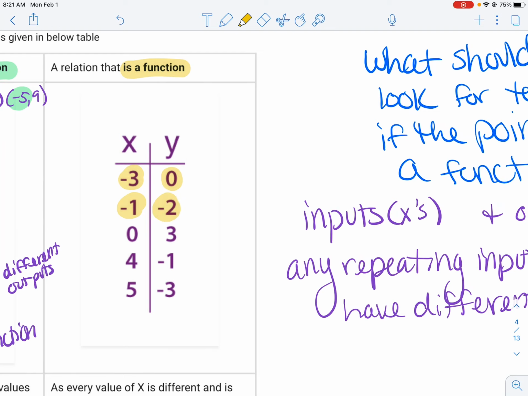I don't get anything else from inputting -1. 0 is going to give me 3. Again, I don't get anything else from inputting 0. 4 gives me -1, and 5 gives me -3. So all of these were different inputs. That tells me, yes, it's a function.